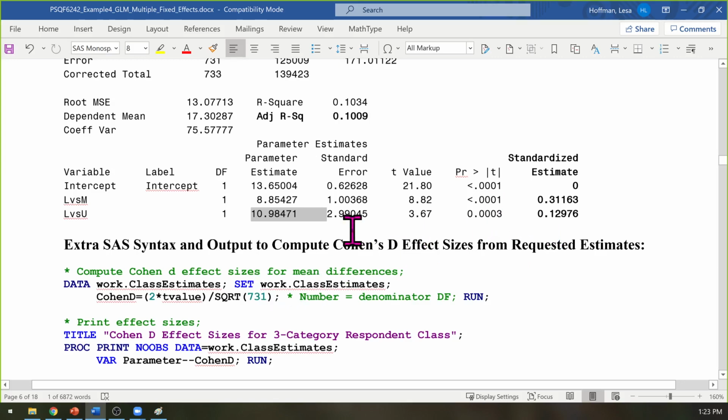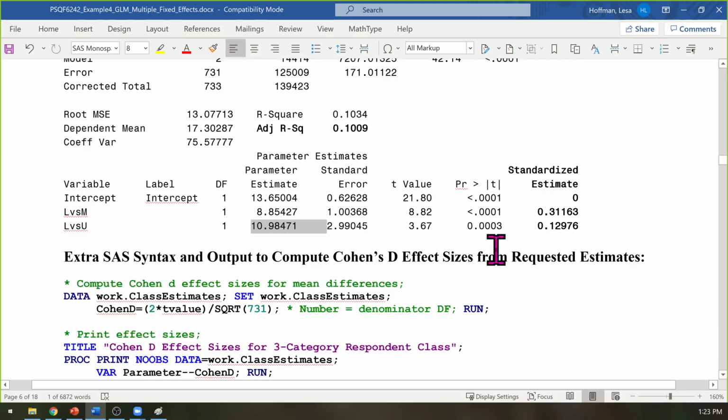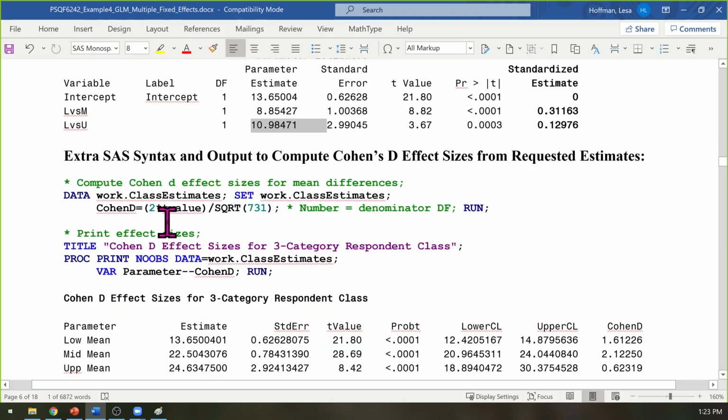So this gets you standardized slopes for model parameters, but it does not allow you to ask for standardized slopes for linear combinations. So to do that, I saved the results from the general linear model and I computed a D myself.